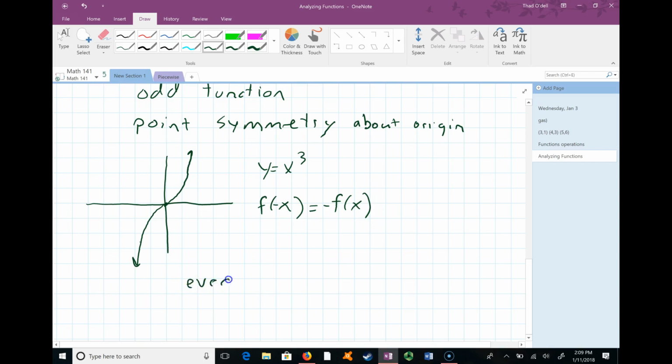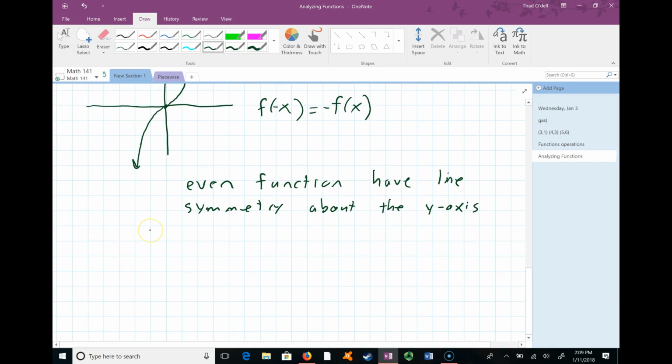Now, even functions have line symmetry. That's a symmetry that you're probably more familiar with, about the y-axis, and just the y-axis.